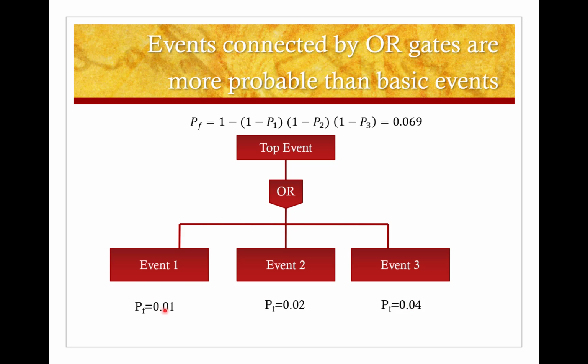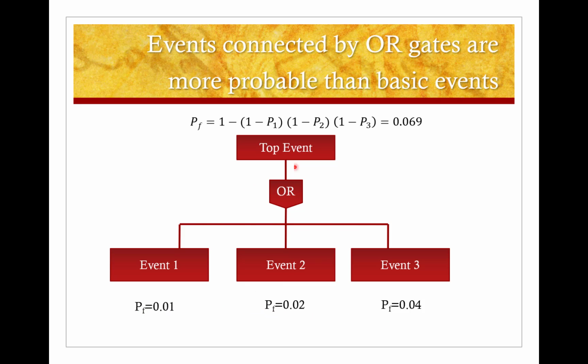And so if we had a probability of failure of 1 in 100 for event 1, 2 in 100 for event 2, and 4 in 100 for event 3, we determine the overall top-level event probability by taking the product of the reliabilities, which is 1 minus the probability of failure, for each of the lower-level events. We multiply those together, and we subtract that from 1, and it gives us an overall probability of 0.069, almost 7 in 100. So you see that that probability is higher than the probabilities of any of these events down here.